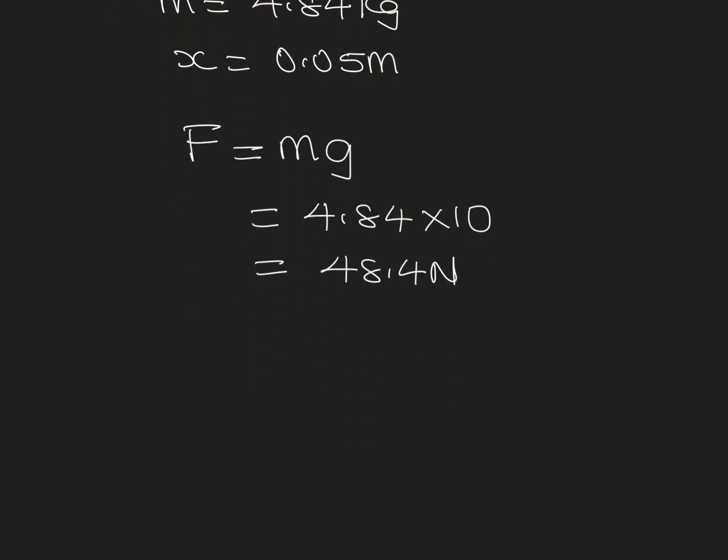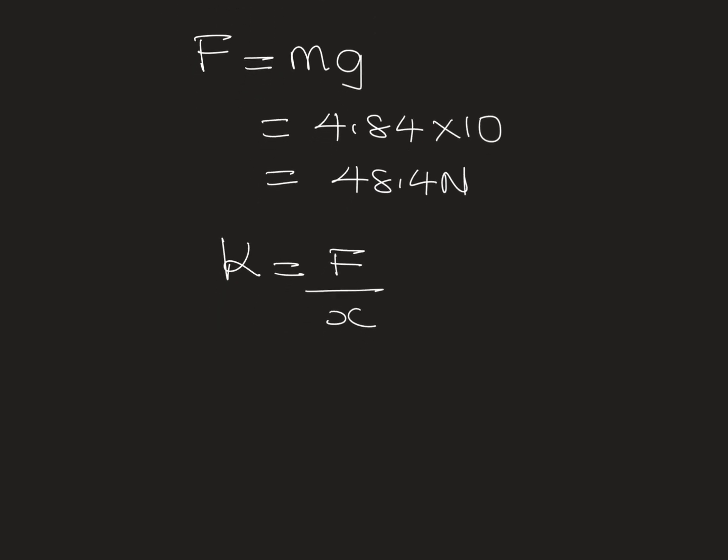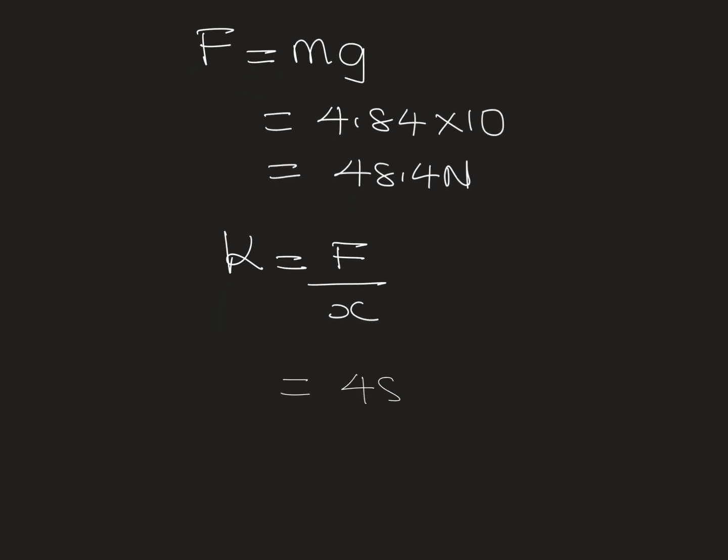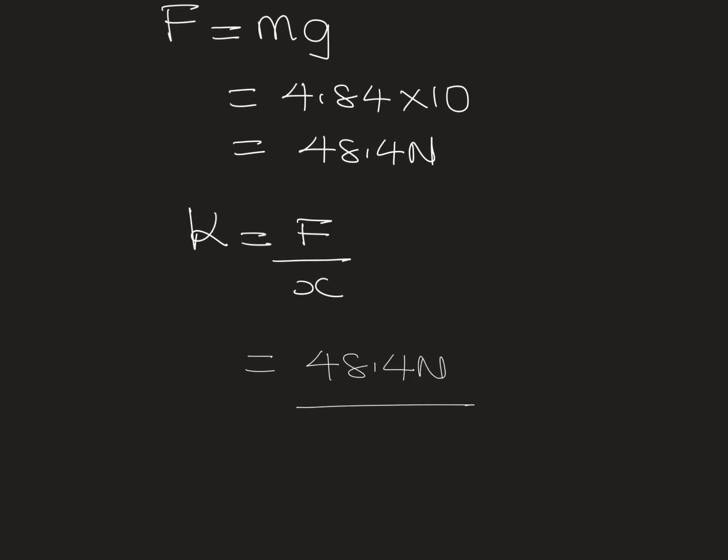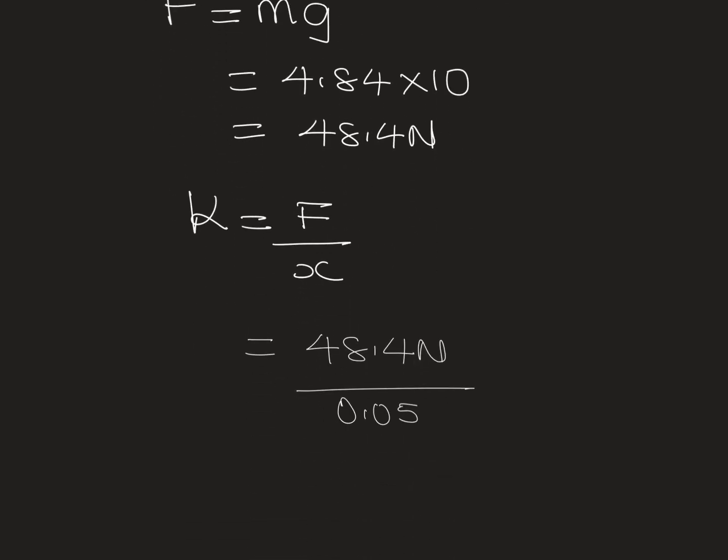Now, using Hooke's law, we know that K is equal to F divided by x. So the force is 48.4 newtons divided by the extension, which is 0.05 meters. When you do the math, we have 968 newtons per meter.